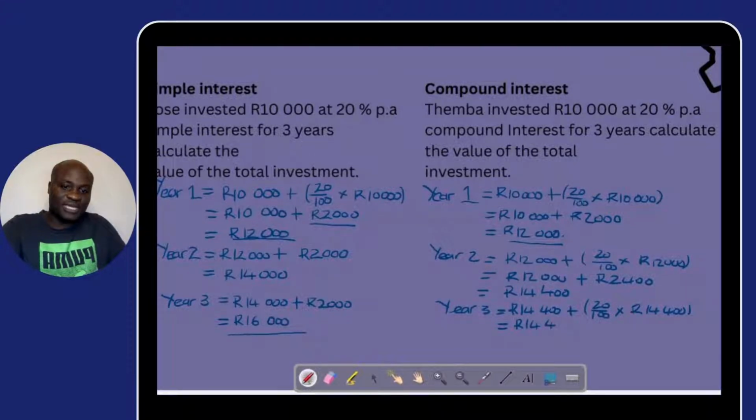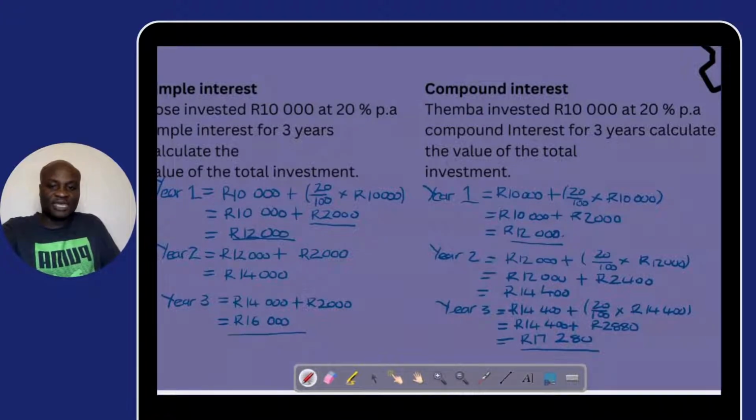What's 20% of 14,400 rand? It is 2,880 rands. So we add the two for us to get the final investment, and then it becomes 17,280.